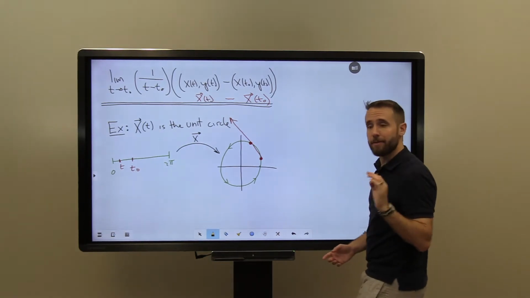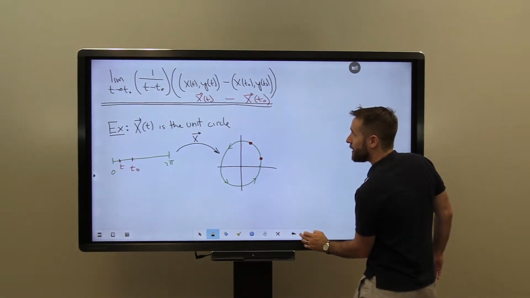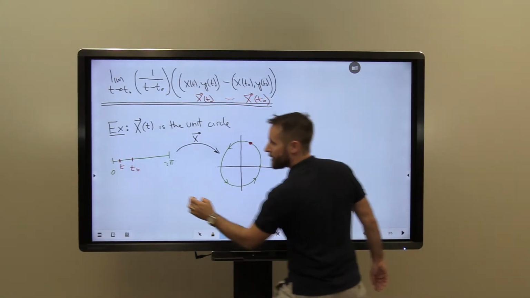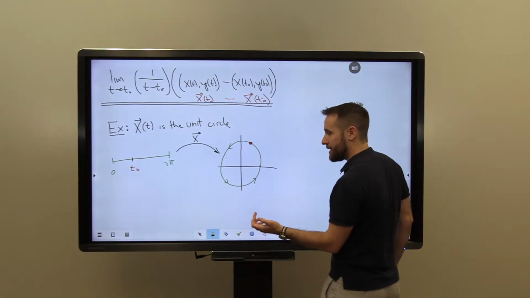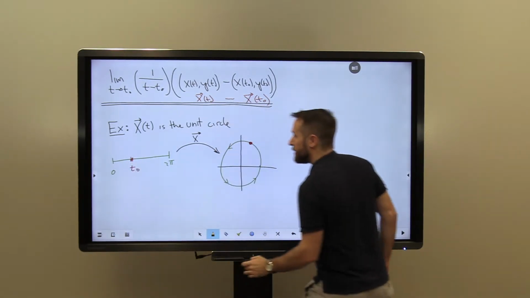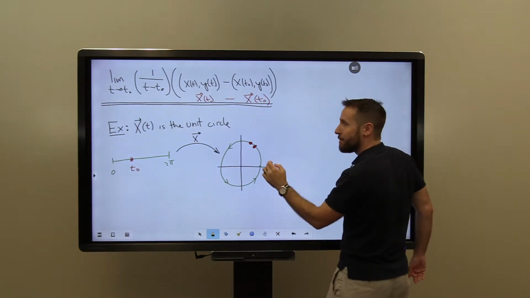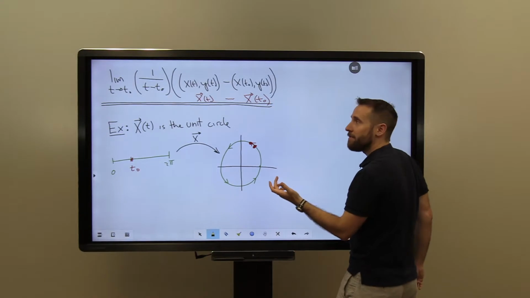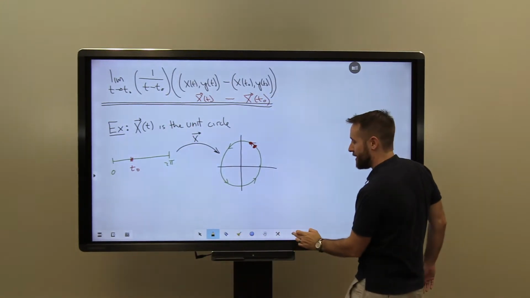So if we choose a different t value, and let me see what's the best way to do this, let me erase that and erase this. All right, so if I choose a slightly closer t value, a t value that's very, very close, then I would get a point here that's very, very close. But similarly, I would get a displacement vector, and then that displacement vector will be scaled by this factor, 1 over t minus t naught.